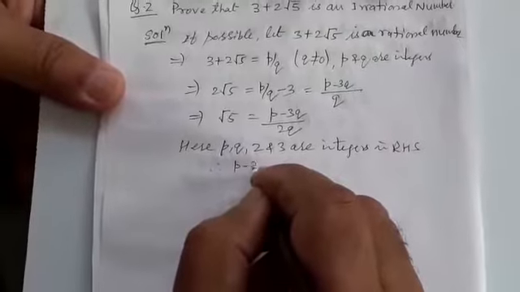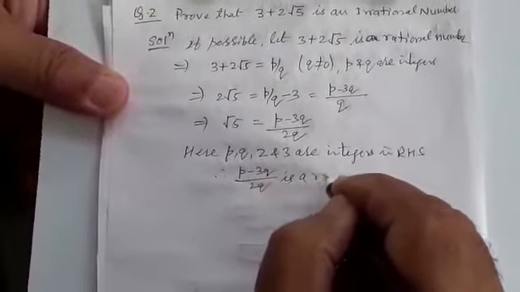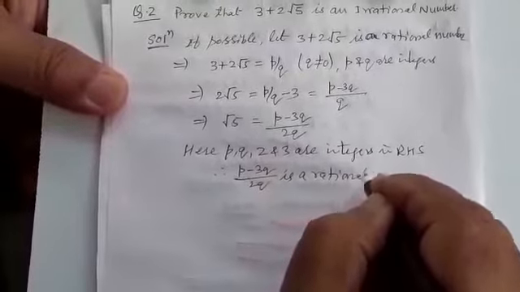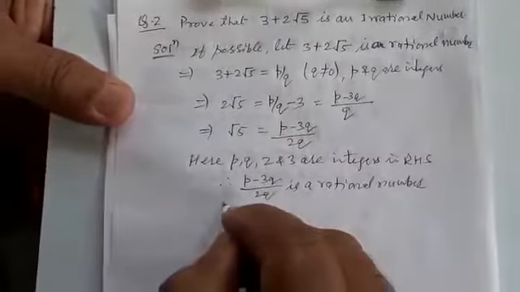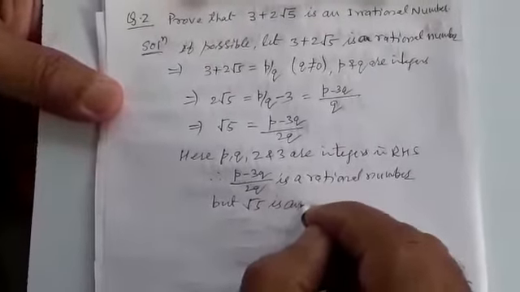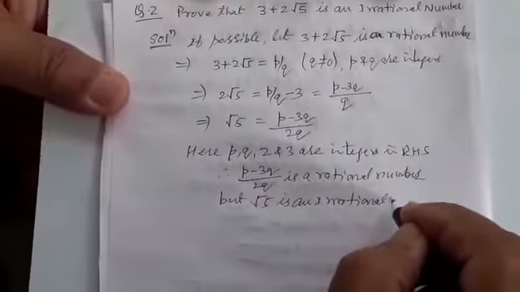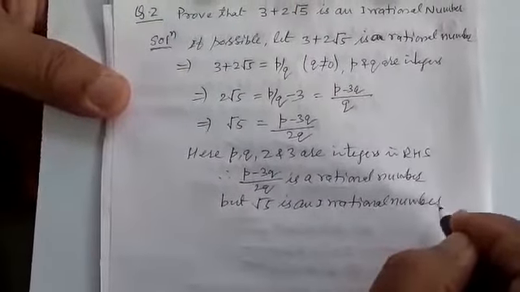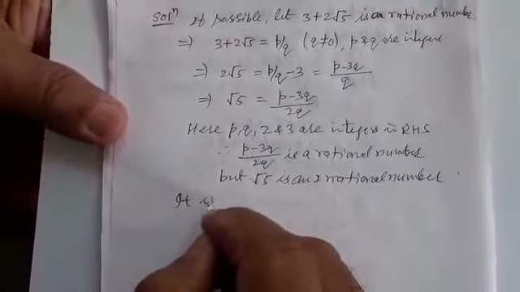Therefore, p minus 3q by 2q is a rational number. But root 5 is an irrational number. Thus we get a contradiction. It is a contradiction with the fact.